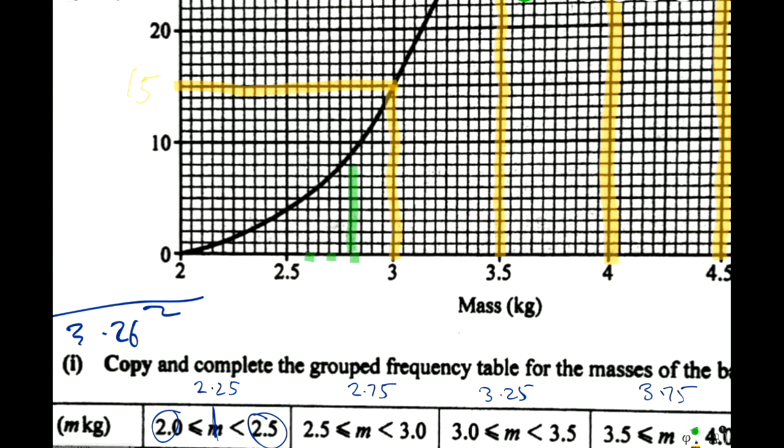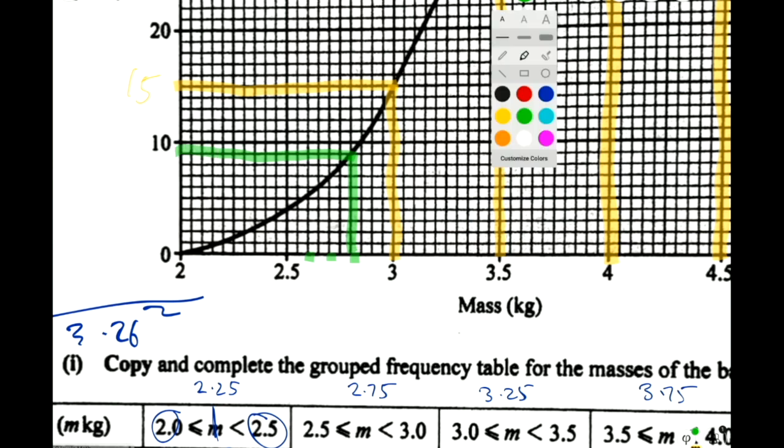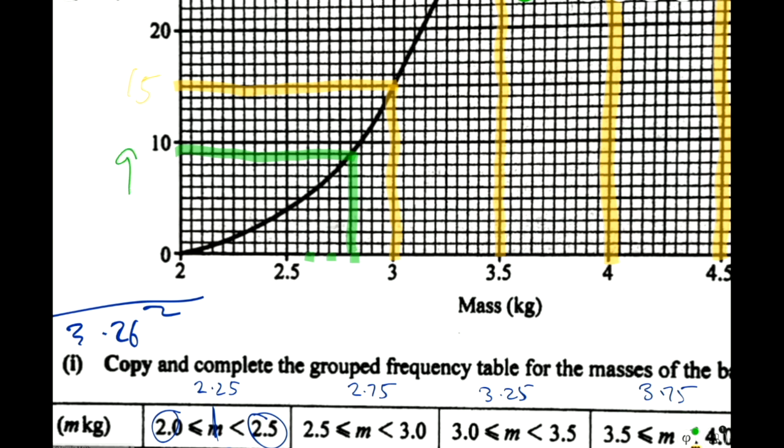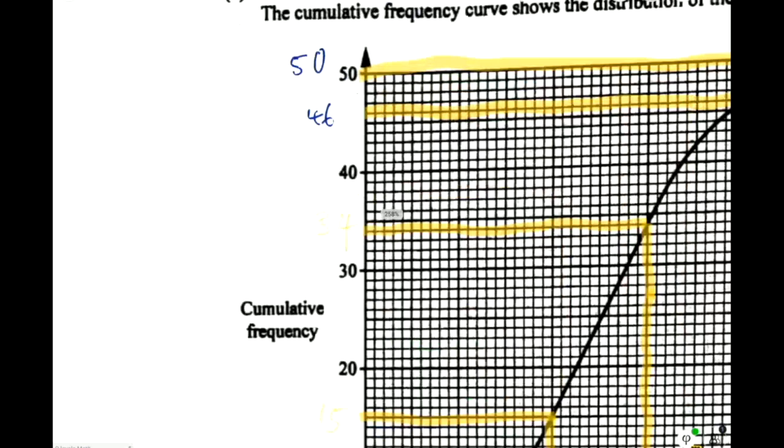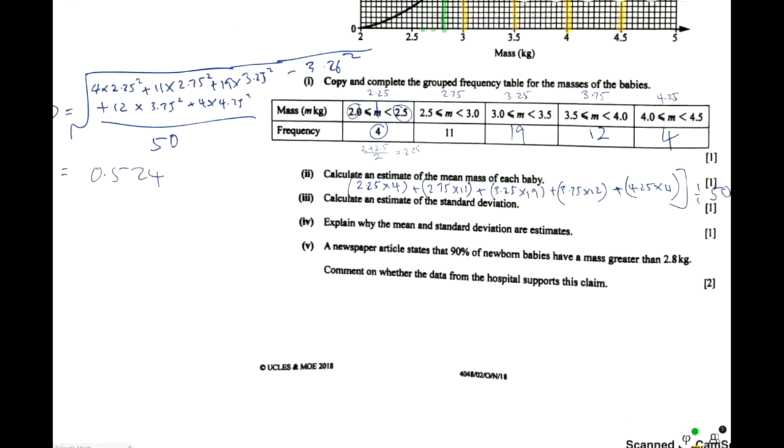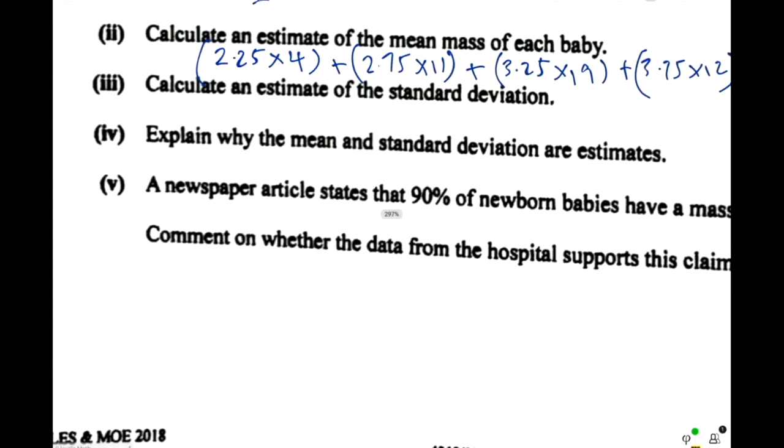Starts from here. Okay, what's the number? 9, right? So 9 out of how many? 50.